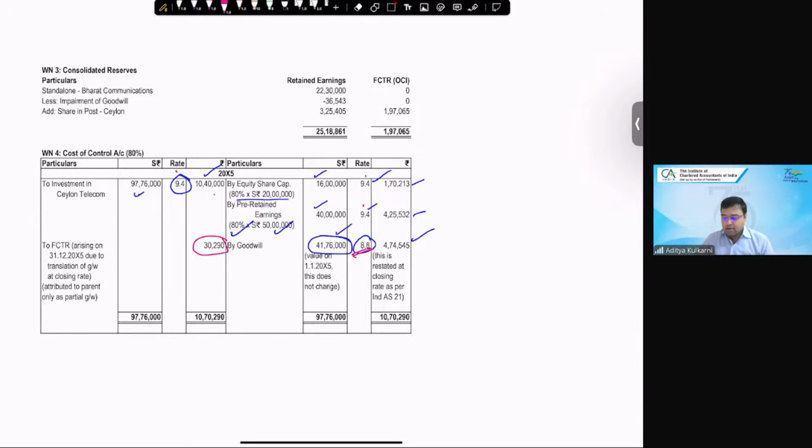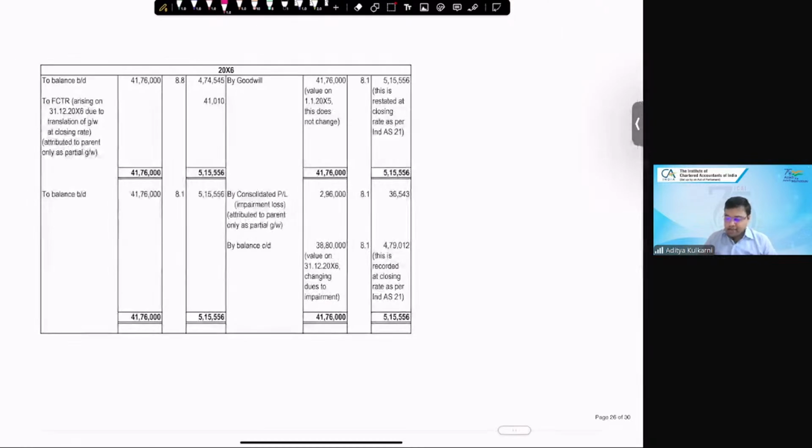Yes. And then if you see the next year, 20x6, again, goodwill is taken as 41,76,000 only. Goodwill's foreign currency amount is not changing, but it is changing in INR because of change in exchange rate. So where does that difference go?